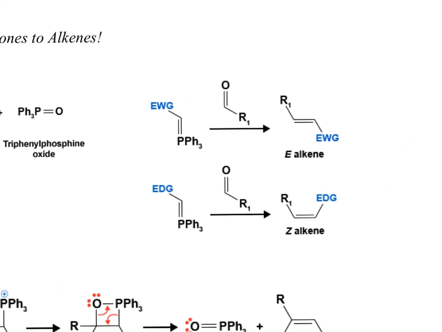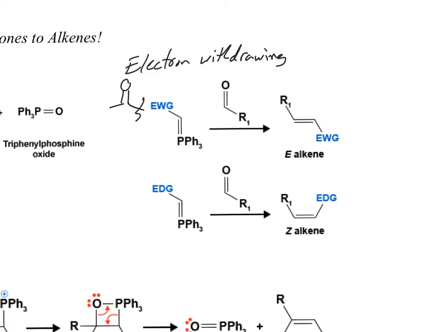One thing to think about that I mentioned, and people ask this: the types of groups on the ylid affect the products you form. So EWG stands for electron withdrawing group. What are some examples of electron withdrawing groups? I would say if there was a ketone on the end over here, another ketone.